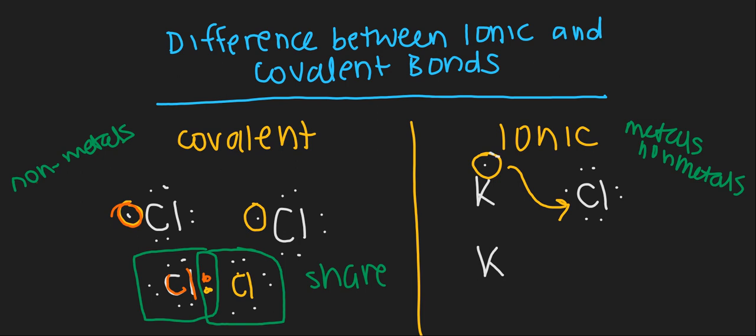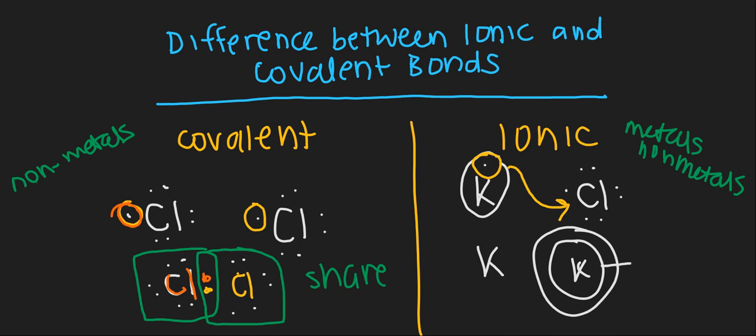It won't be this shell, but it'll be the next one under. Let's say potassium has multiple shells. The first one has 2 electrons like helium, and then there's an outer one. So if this outer electron is taken, then this inner one is now the valence shell, right? And that's full. So that's why it's happy.